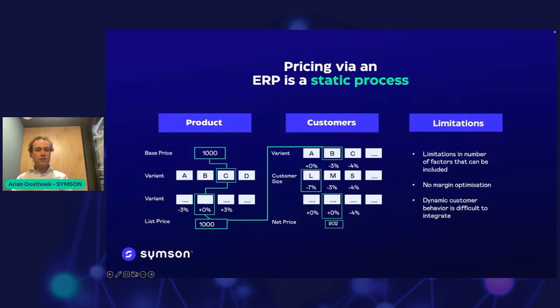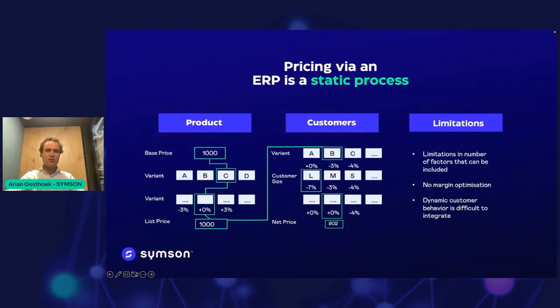So this is actually the standard process of coming from a base price to a net price, but it also has certain limitations for the static process. So you cannot include a lot of situations, for example, your current stock level or the competition. But it's also really hard to start optimizing here on your margin.